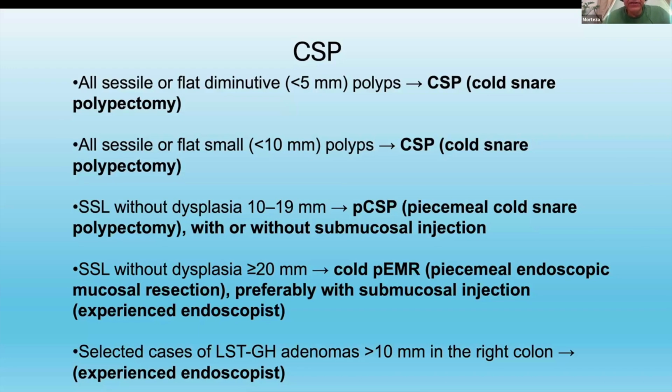That's a new definition. But if you see your SSL has dysplasia, then cold snare polypectomy is not suitable, right? At least if it's a little bit bigger, you cannot take it in pieces.